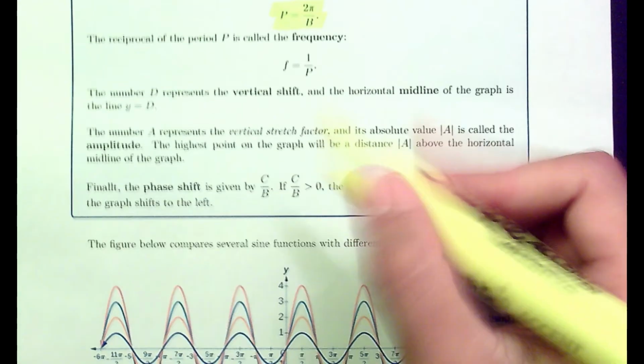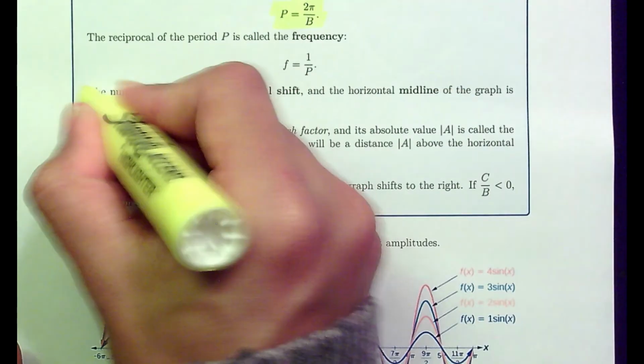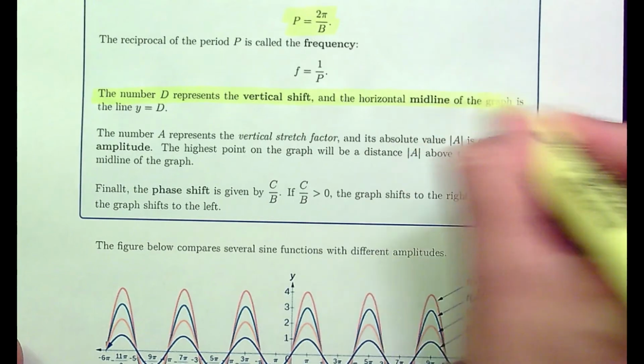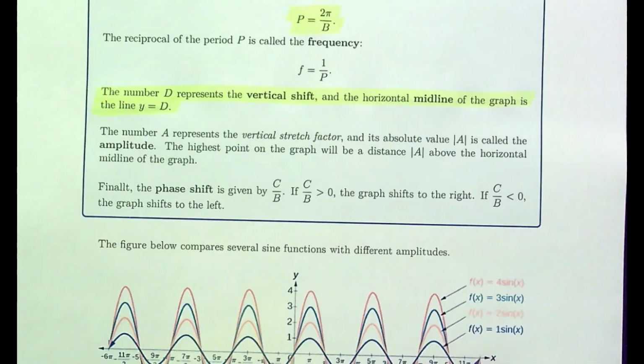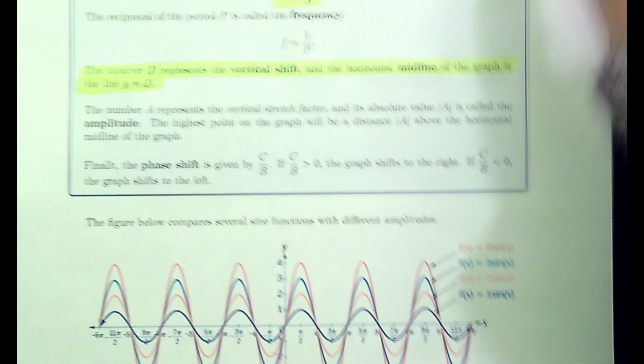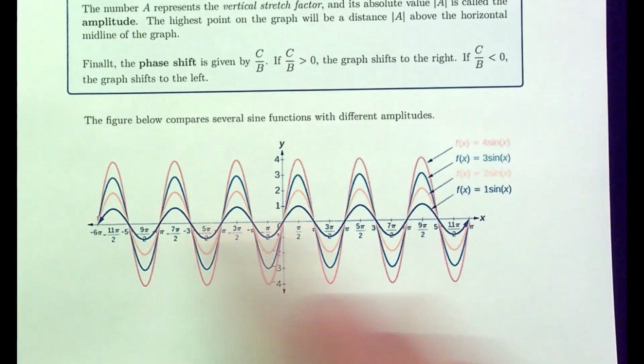Now, the line y equals d is a horizontal line called the midline, and it is the line that passes right through the middle of those waves. Passes right through the middle.